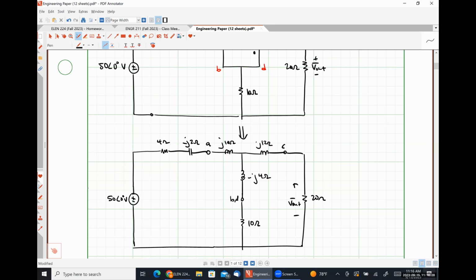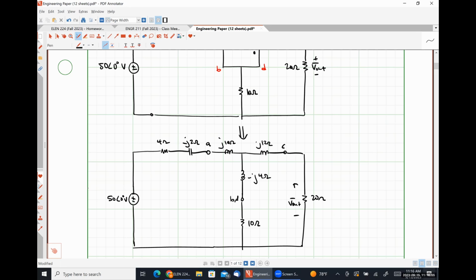I mean, we could do mesh, but that would involve us setting up a system of equations and solving that system of equations. Right? We could have just set up a system of equations with the original circuit. So how can we do this without using mesh? So we could do the equivalent impedance.